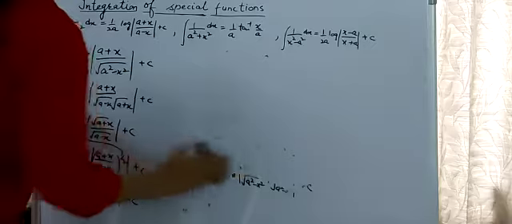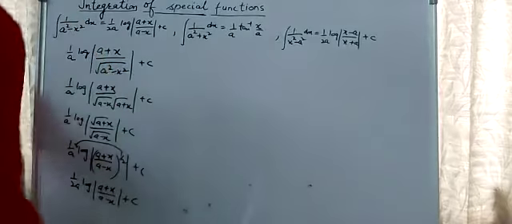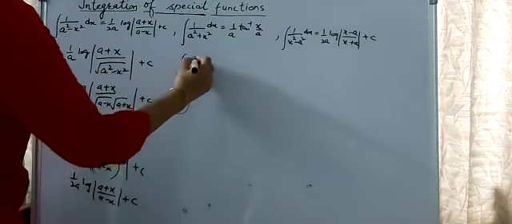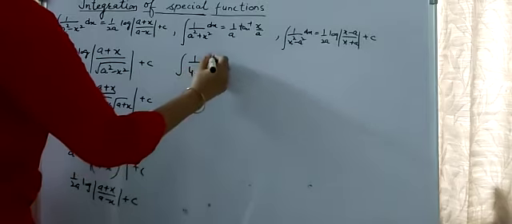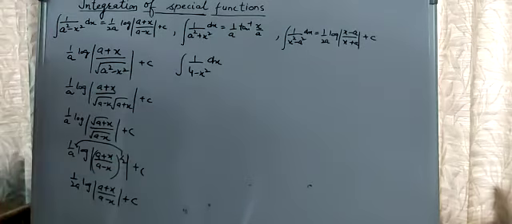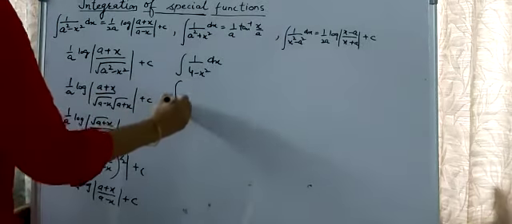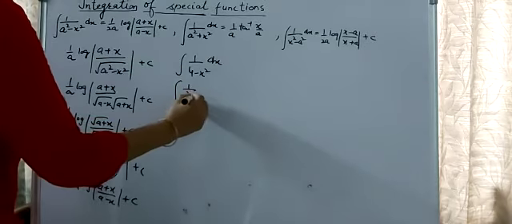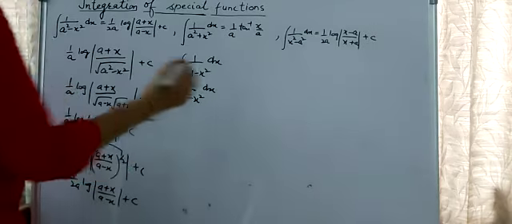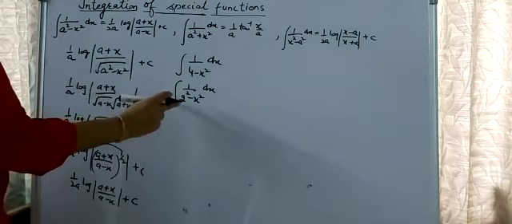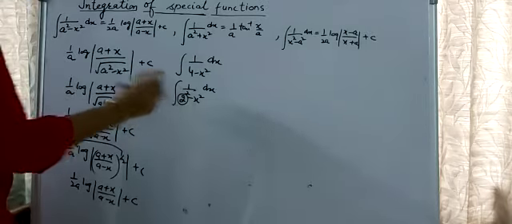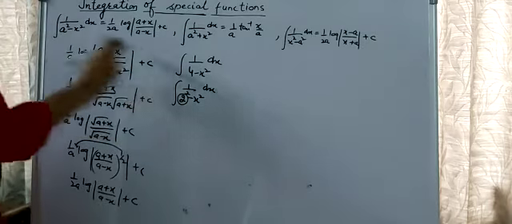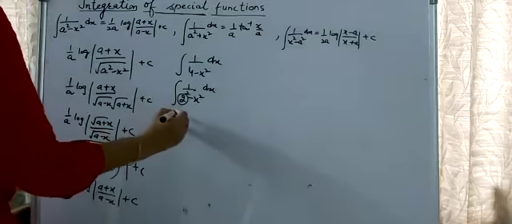See here, I am taking one example related to this. Suppose I have a question: integrate 1 upon 4 minus x square. So what do we do? We write 2 square minus x square, dx. Now when we compare with this, a is equal to 2 and x is as it is. So what is its formula?